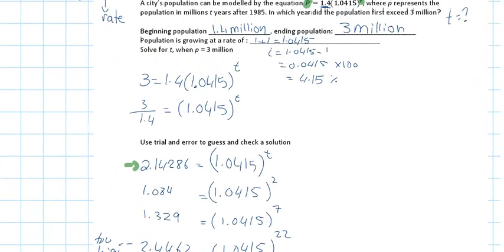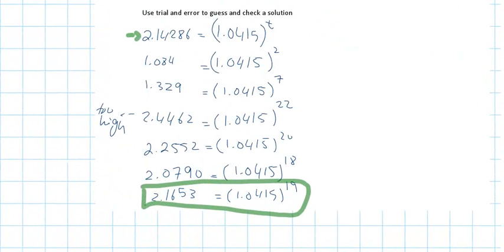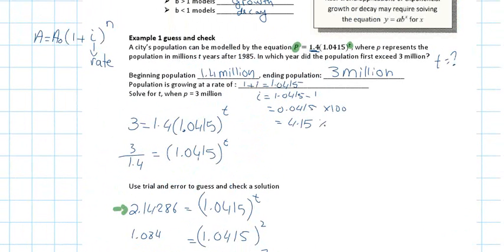If I know it's 18 years or 19 years, how would I know in which year that is? You add up to your 1985, right? Because the equation is made as of 1985 is your year 0.